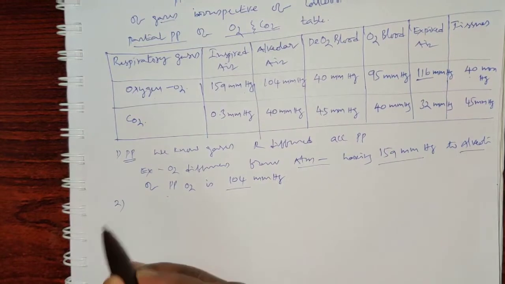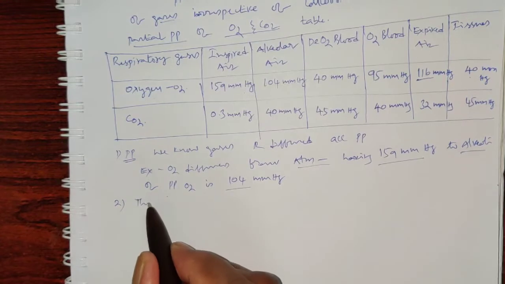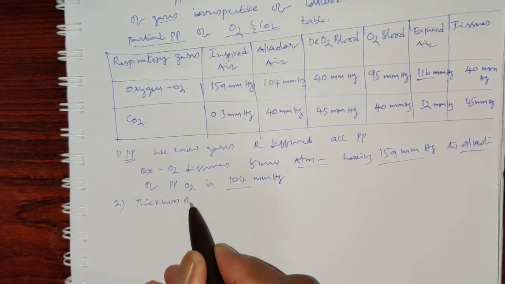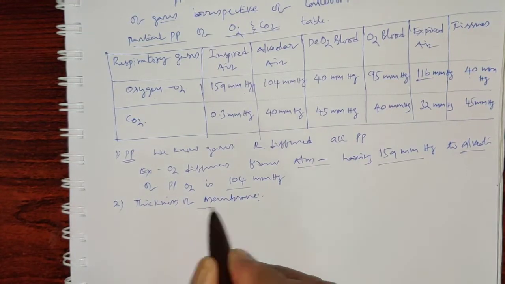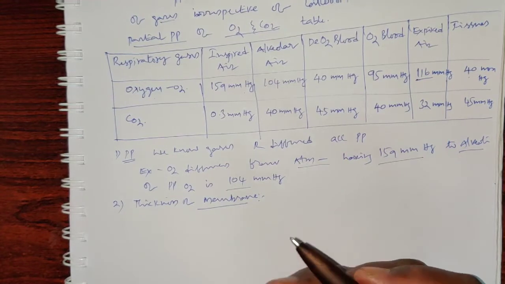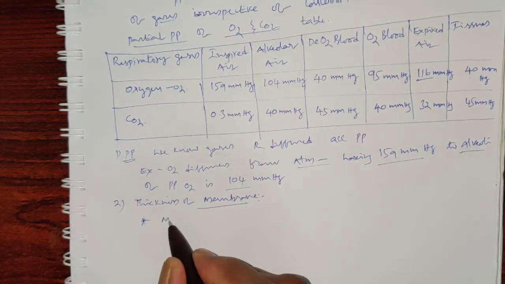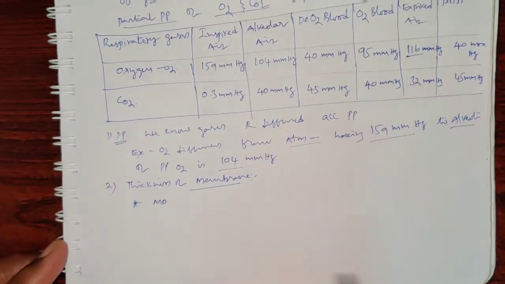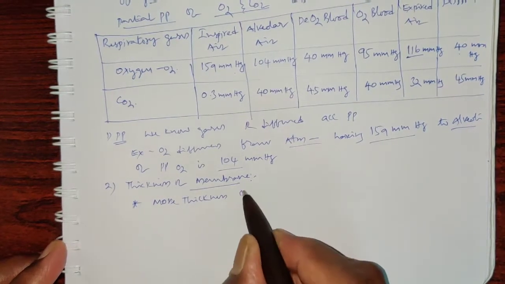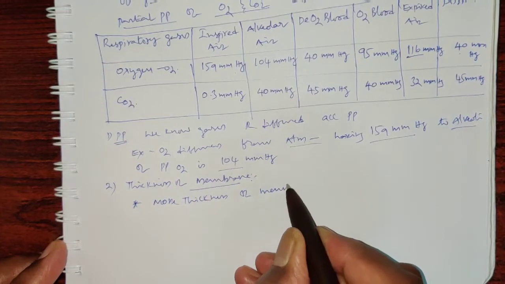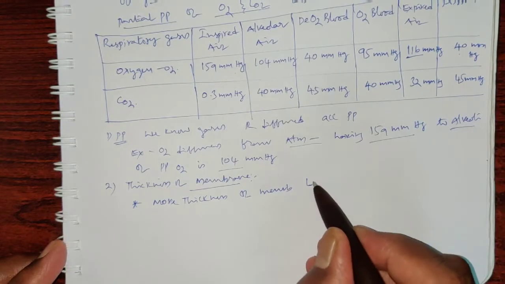Another factor, as we said, is the thickness of the membrane. The more the thickness of the membrane, the less will be the rate of diffusion.